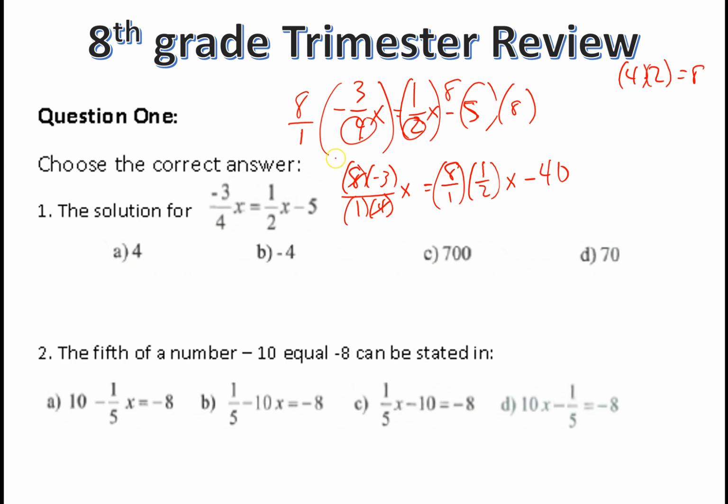So this right here becomes 2. So that's negative 6x equals 8 divided by 2 is 4, 4x minus 40.